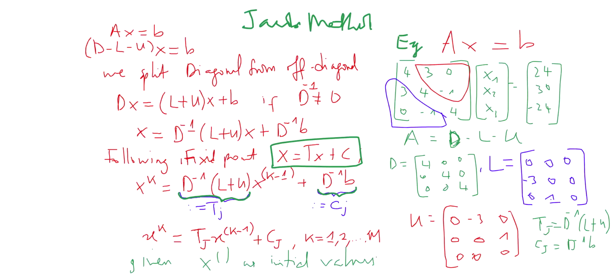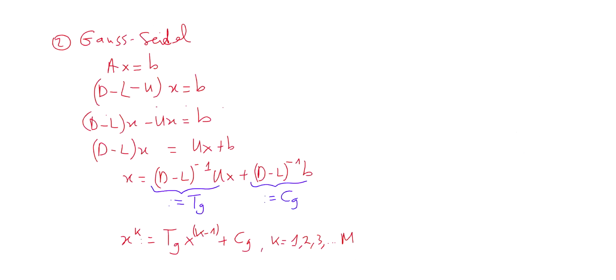The next is that I want to talk about Gauss-Seidel. Similarly for Gauss-Seidel, if we have a linear system, again here our A is an n by n matrix and B is a vector of n components.